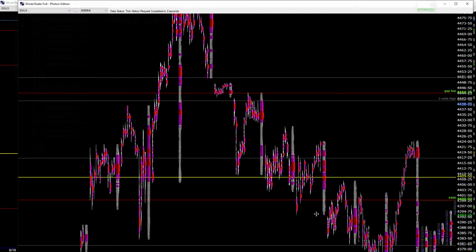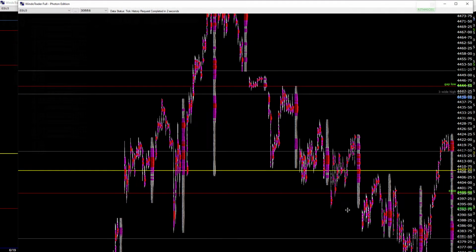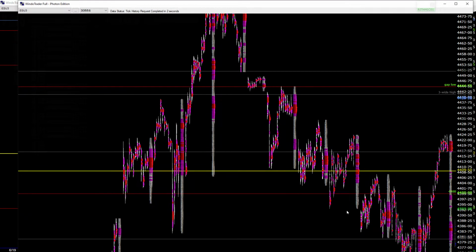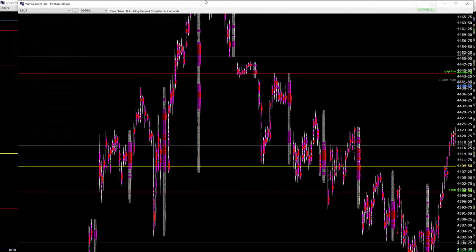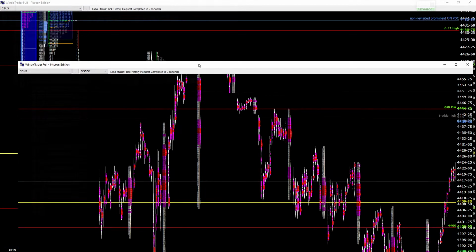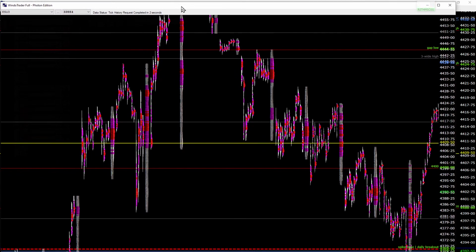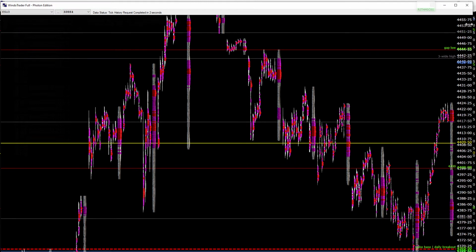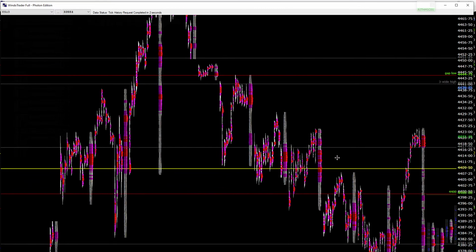Now, let's see if there is something to be seen here. Let's see what kind of information this histogram can give us.